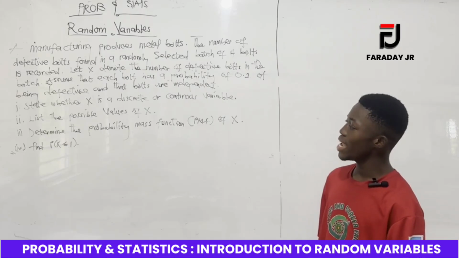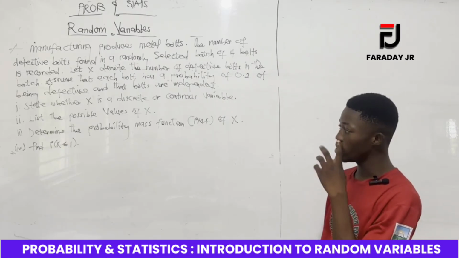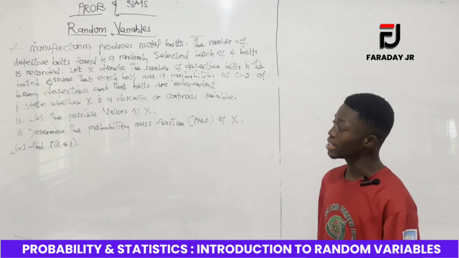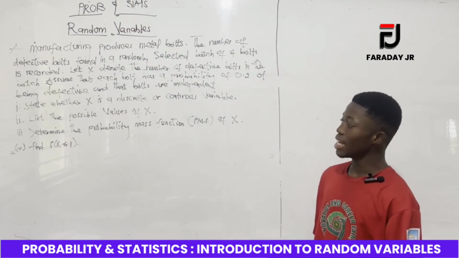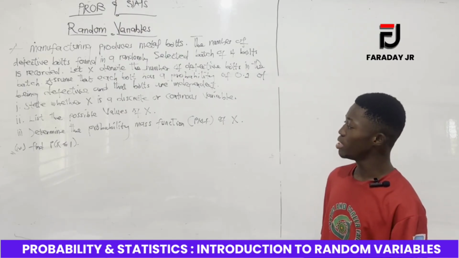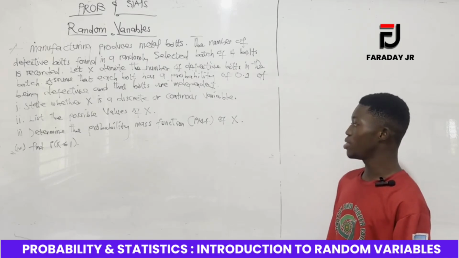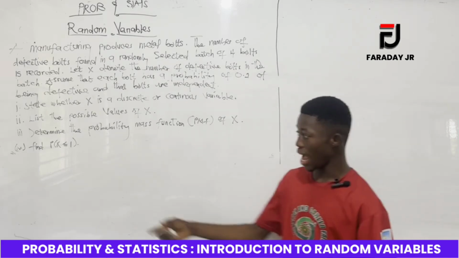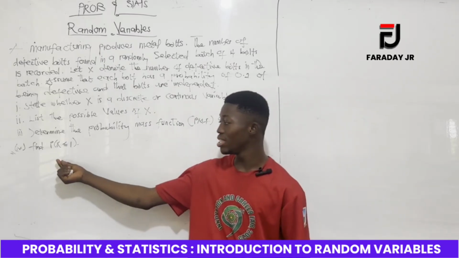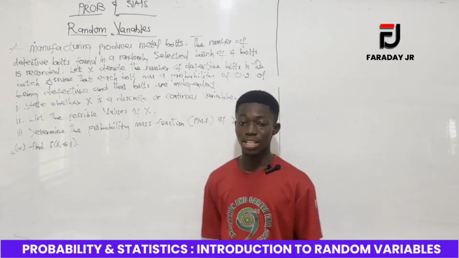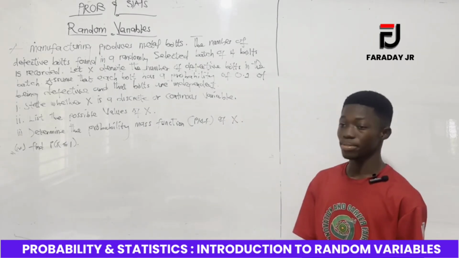I. State whether X is a discrete or continuous variable. II. List the possible values of X. III. Determine the probability mass function (PMF) of X. And IV, our last question: find the probability of X less than or equal to 1.